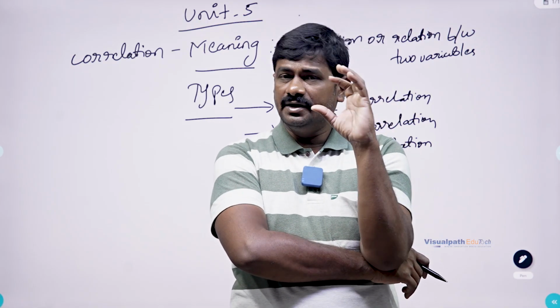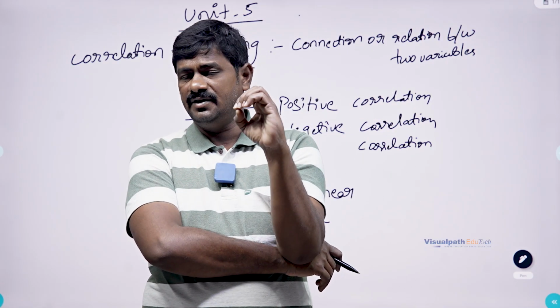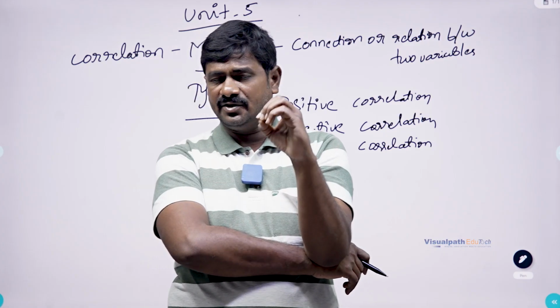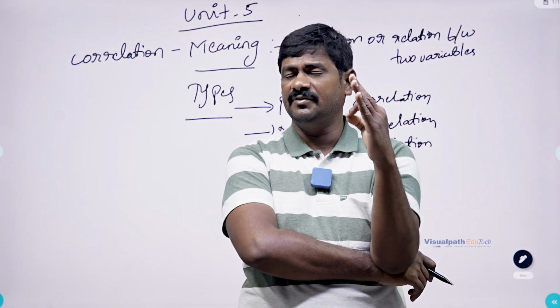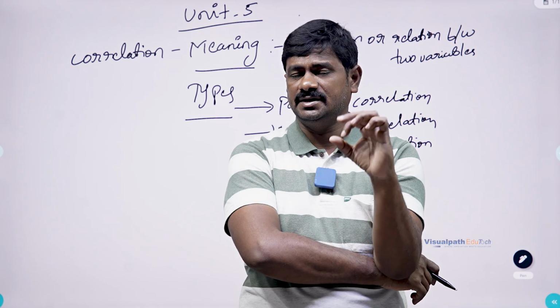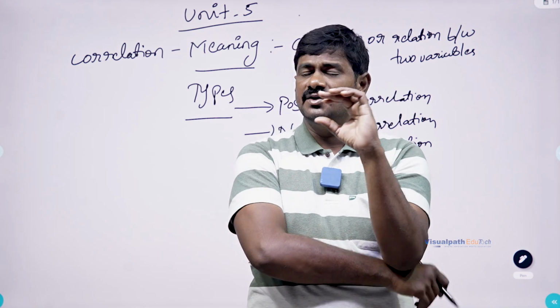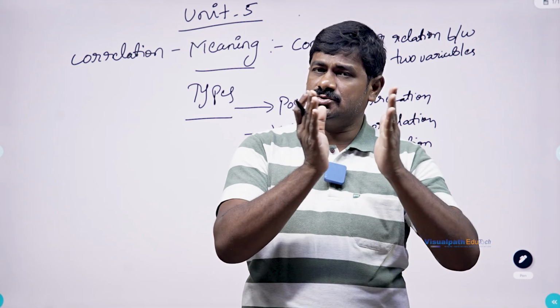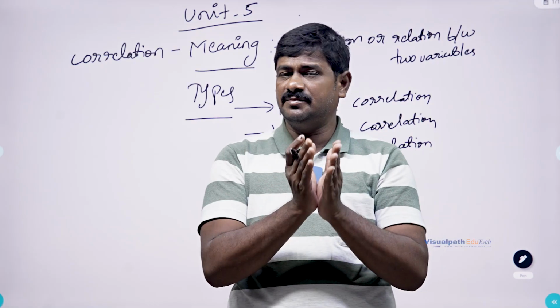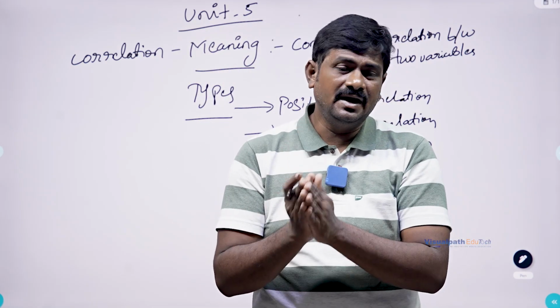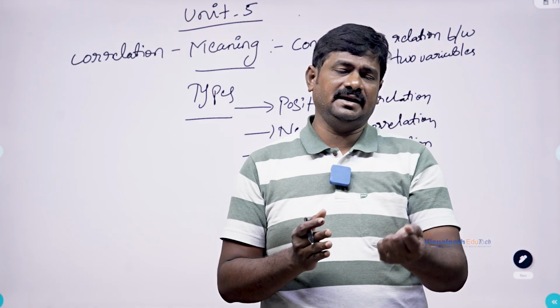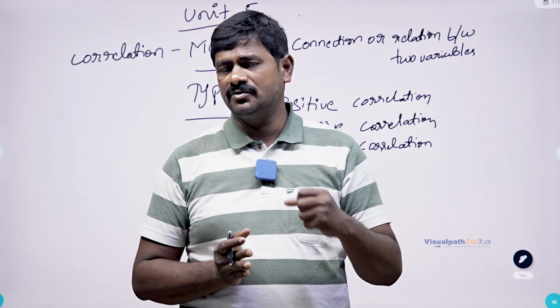First of all, in statistics, we have to analyze the problem. We identify the problem, then gather the information, present that information, analyze it with a suitable technique, and then make the decision.